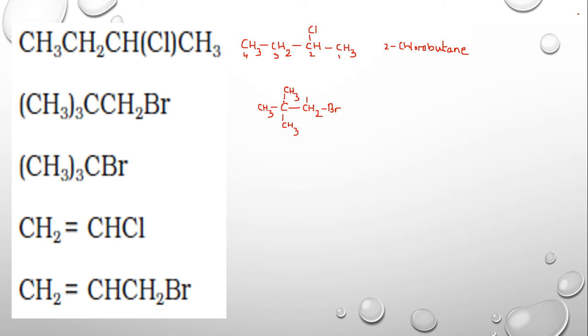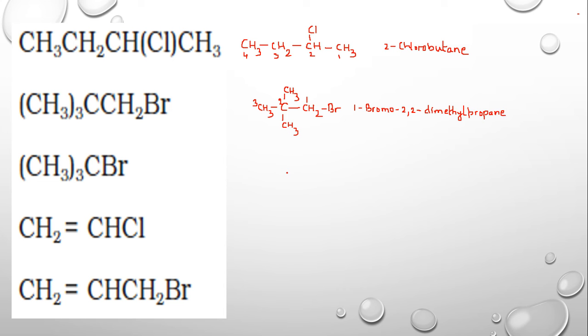So Br, carbon atom is 1, 2, and 3. For the second carbon atom, you have attached 2 methyls, and for the first, you have 1 bromo attached. Okay, so write down alphabetically, giving first priority to bromo. So it is going to be 2 bromo, give a dash, 2 comma 2 dimethyl, 3 carbon atoms, so it is a propane.